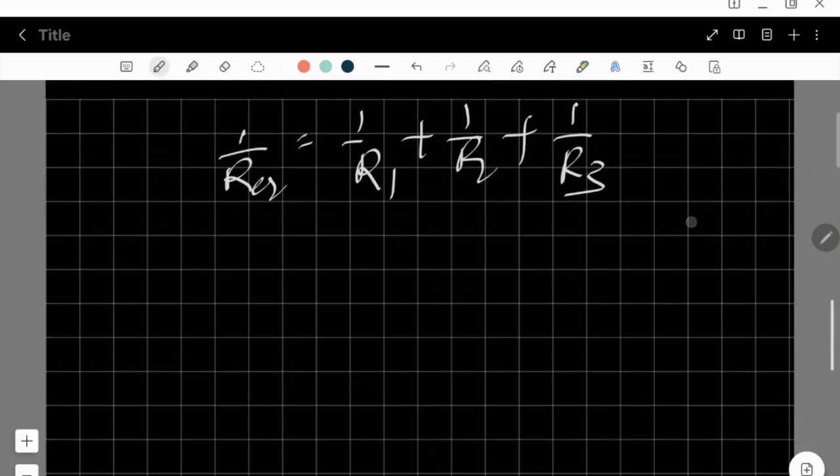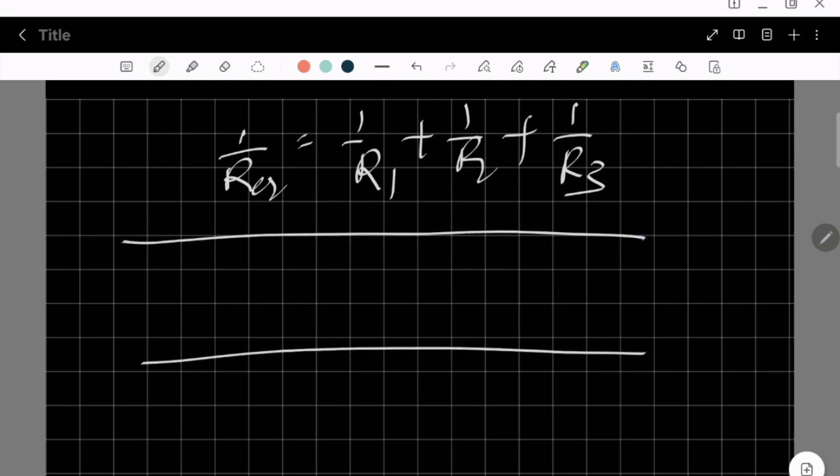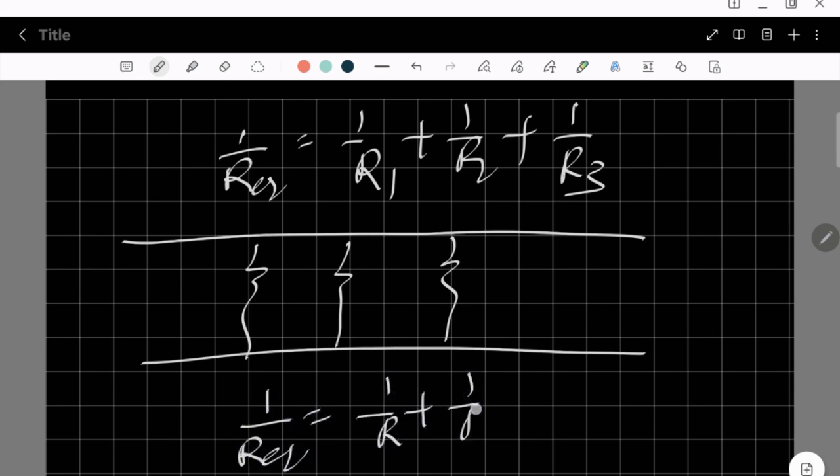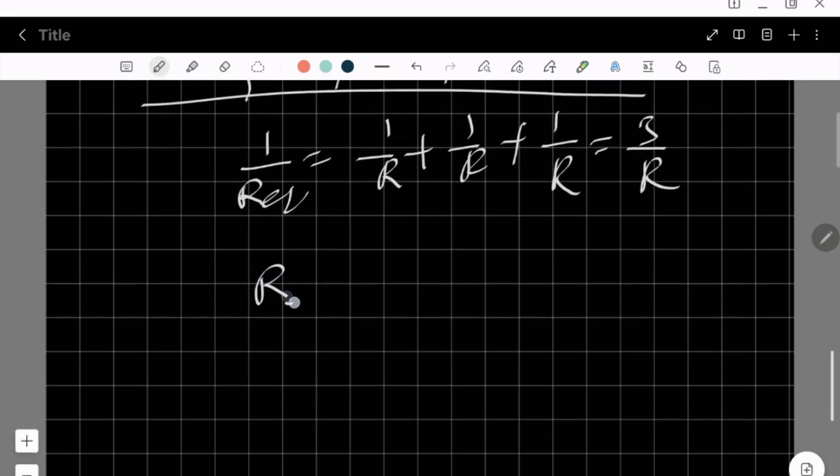When these three resistors are equal, I get 1 by R equivalent equal to 1 by R plus 1 by R plus 1 by R, which is 3 by R. So R equivalent is directly R by 3.